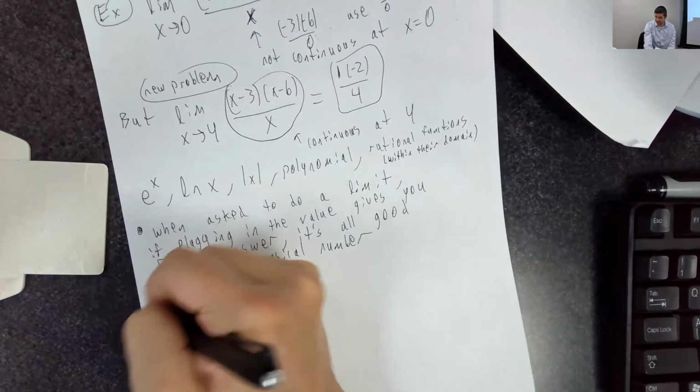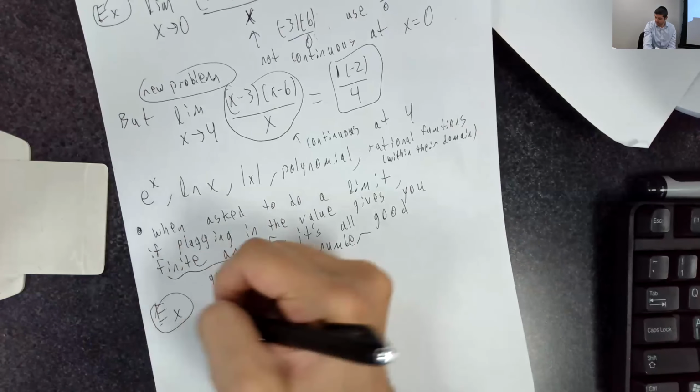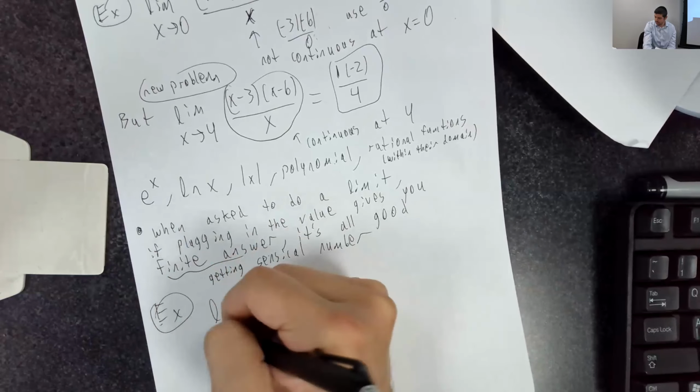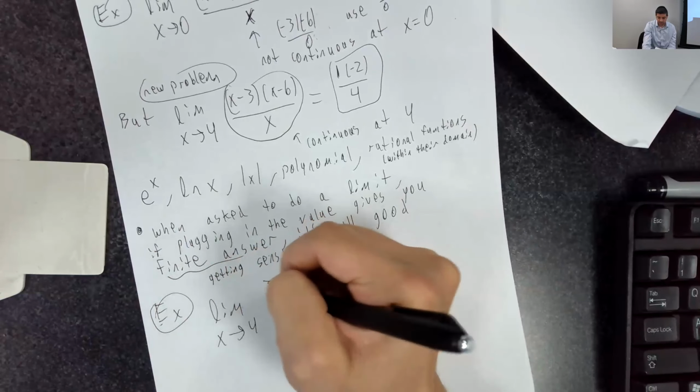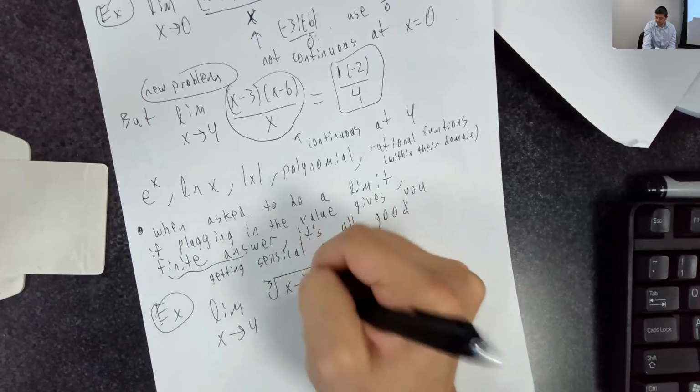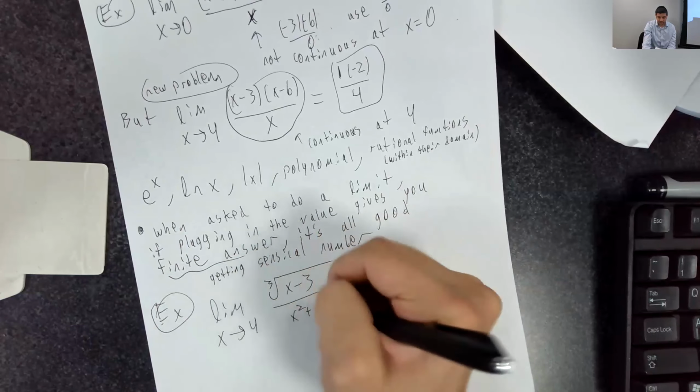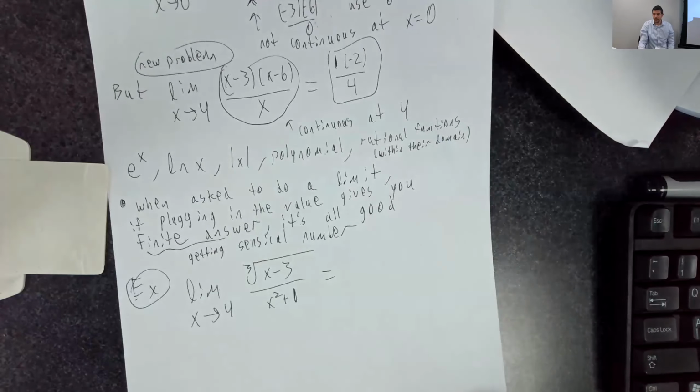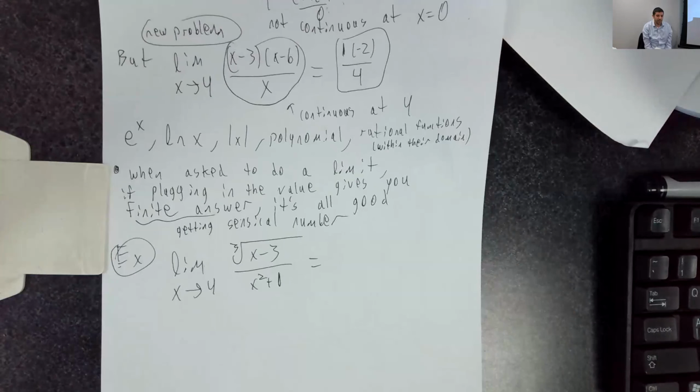Okay. So as an example, limit as x goes to 4, cube root x minus 3 over x squared plus 1. So just try it. Plug in the number.